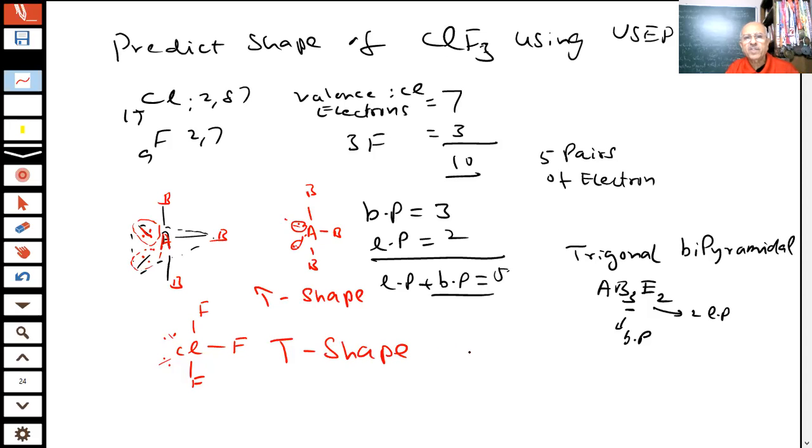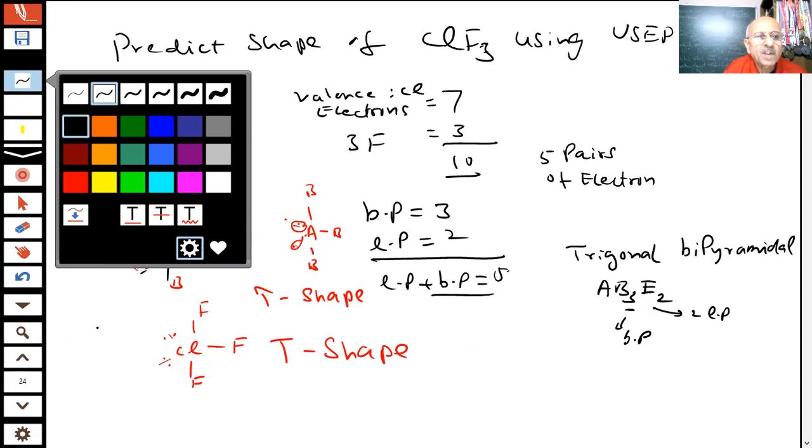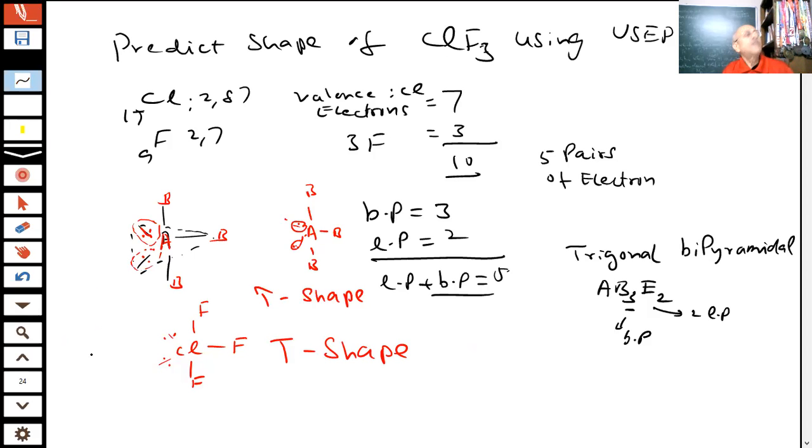We call this T shape. So the ClF3 molecule is T-shaped, students. So we can predict the shapes of different molecules by using valence shell electron pair repulsion theory. Do you get it? Yeah.